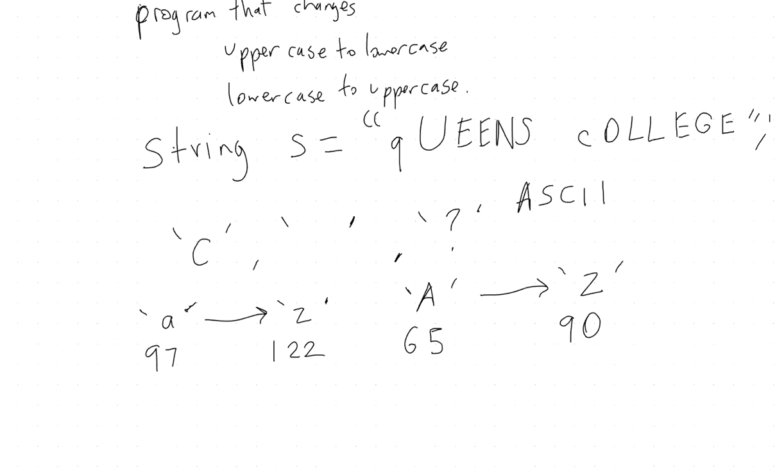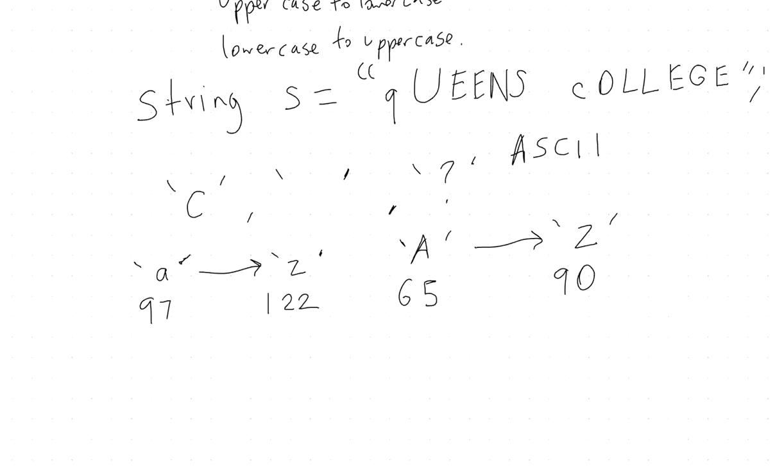Basically, if you convert or cast any character as an int, you'll get the ASCII value.